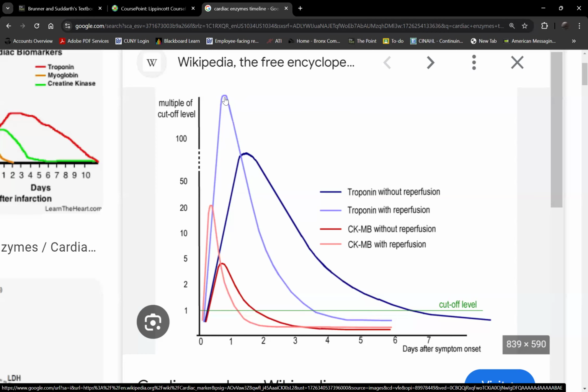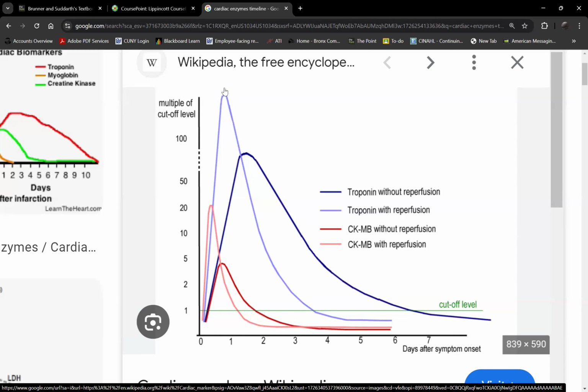So therefore, it's more cardiac specific, because CK, for example, can be influenced by chest compressions. Let's say this patient had cardiac arrest after the MI, then we did chest compressions, right? So you injured skeletal muscles along with the cardiac muscles during chest compressions, so it may affect the levels. Unlike CK, troponin is not affected by CPR chest compressions.